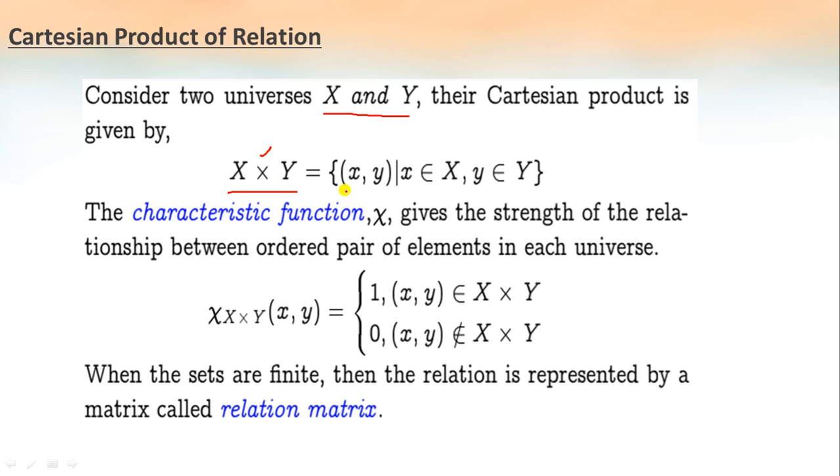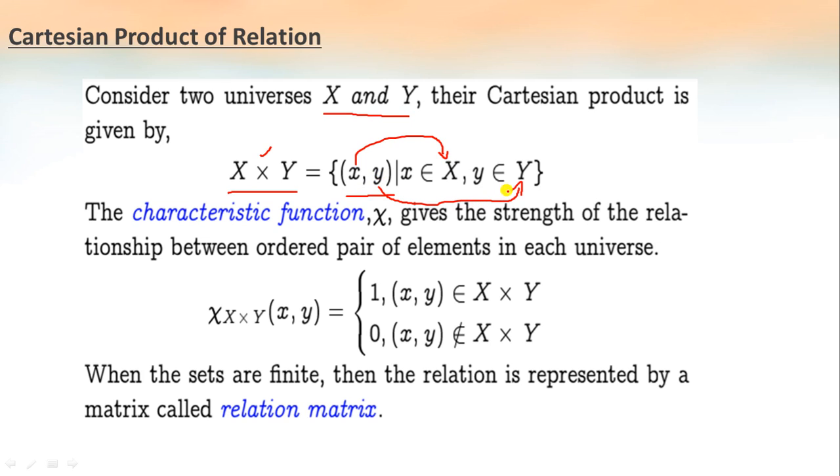This Cartesian product is taken as an ordered pair (x, y), where the element x belongs to the set X and the element y belongs to the set capital Y. So this is an ordered pair where the first element belongs to the first set and the second element belongs to the second set.